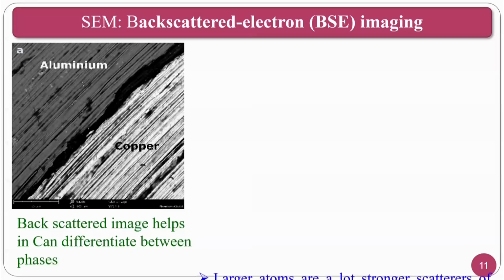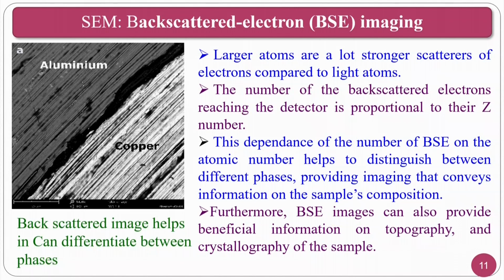If you see the backscattered image, there are aluminum and copper, two phases in an alloy. Larger atoms are a lot stronger compared to the light atoms. The number of backscattered electrons reaching the detector is proportional to their Z number, that is the atomic number. Depending on the number of backscattered electrons, the atomic number helps to distinguish between different phases, providing the image. What I want to tell is that the backscattered image helps you in differentiating the phases.